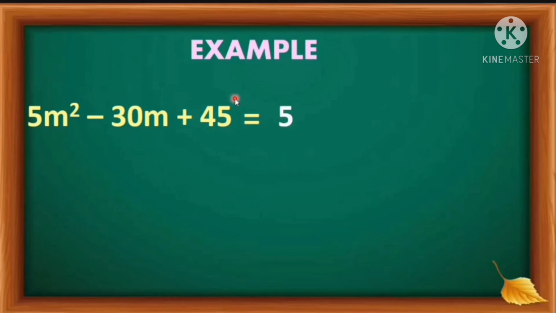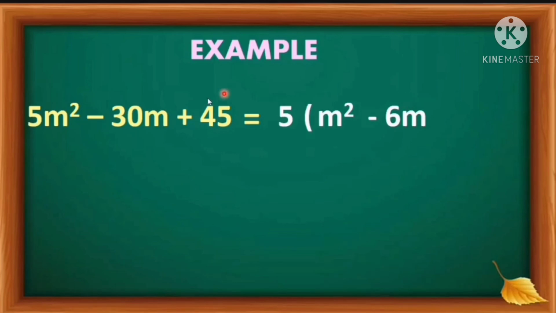So meaning, i-apply natin yung knowledge natin dito on how to factor polynomials with GCF. So the GCF is 5. So all we need to do is to divide each term of the trinomial by 5. Okay, let's start. 5m squared divided by 5, that is m squared. Negative 30m divided by 5, that is negative 6m.